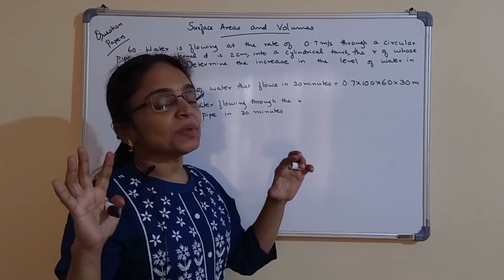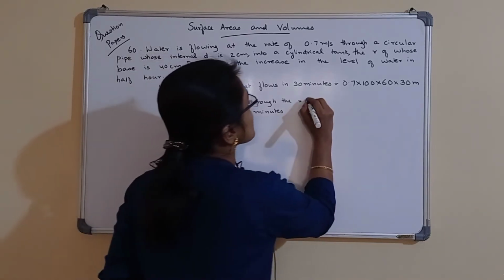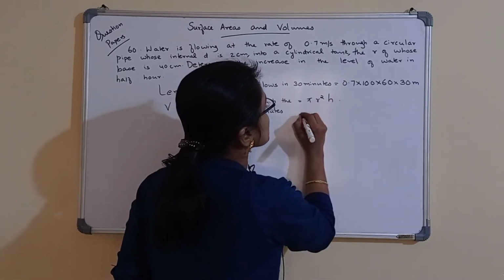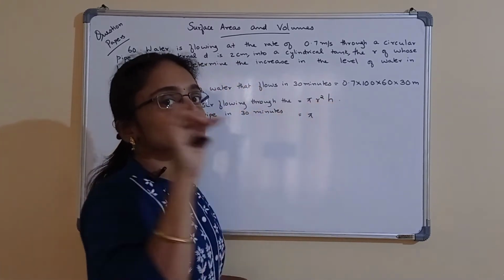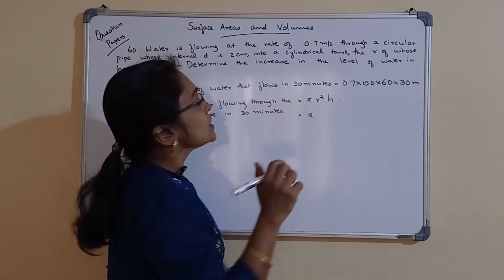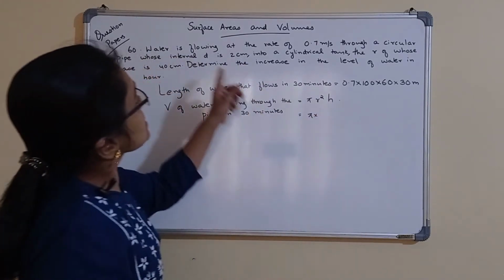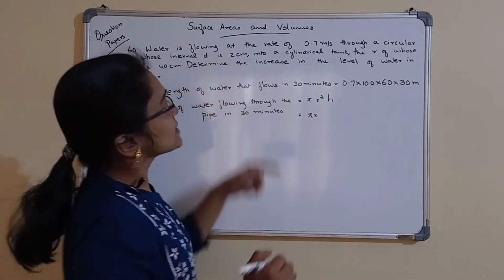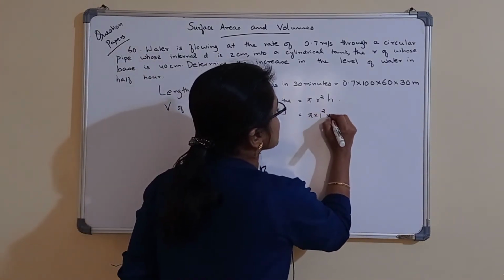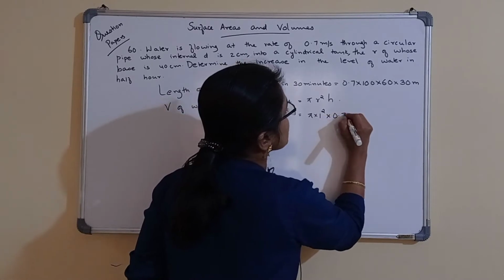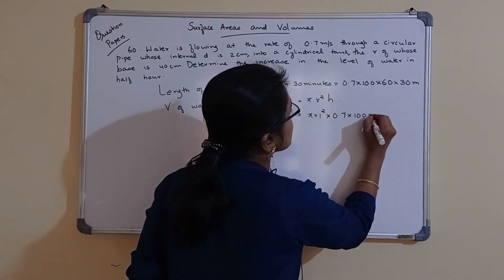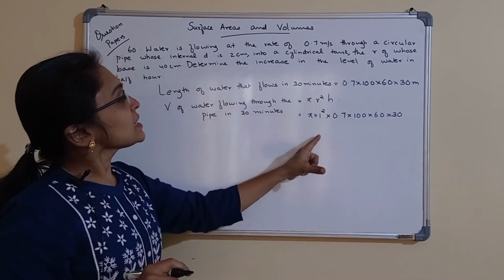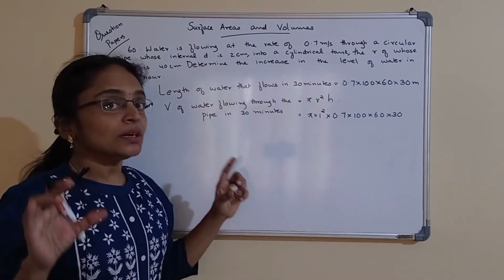Because the pipe will be in the form of a cylinder, so its volume will be pi r square h. h can be taken as the length of water that is flowing. So pi into r square, the diameter is 2 centimeter, so the radius is 1 centimeter. So 1 square into h is 0.7 into 100 into 60 into 30. And this is equal to the increase in water in the tank.